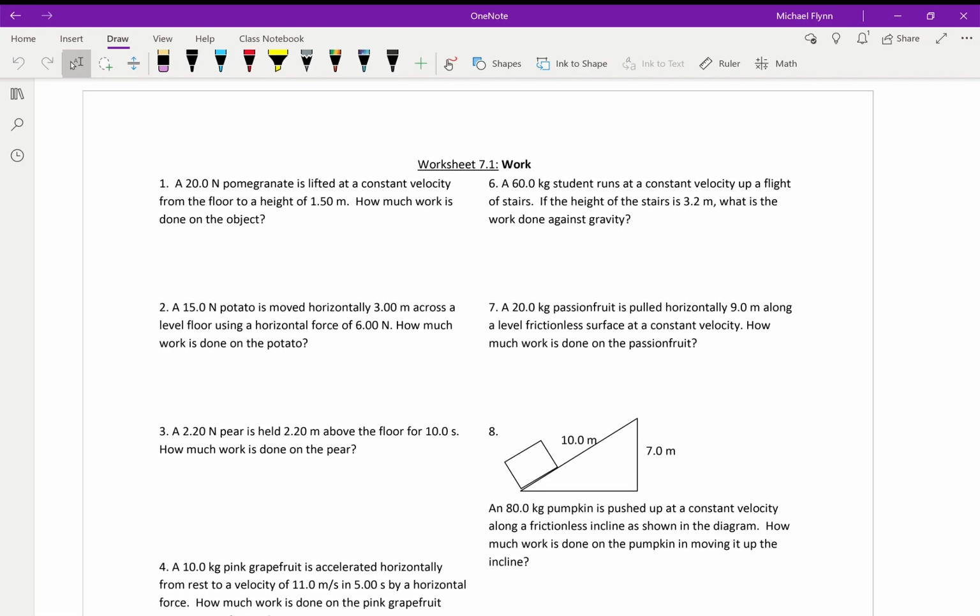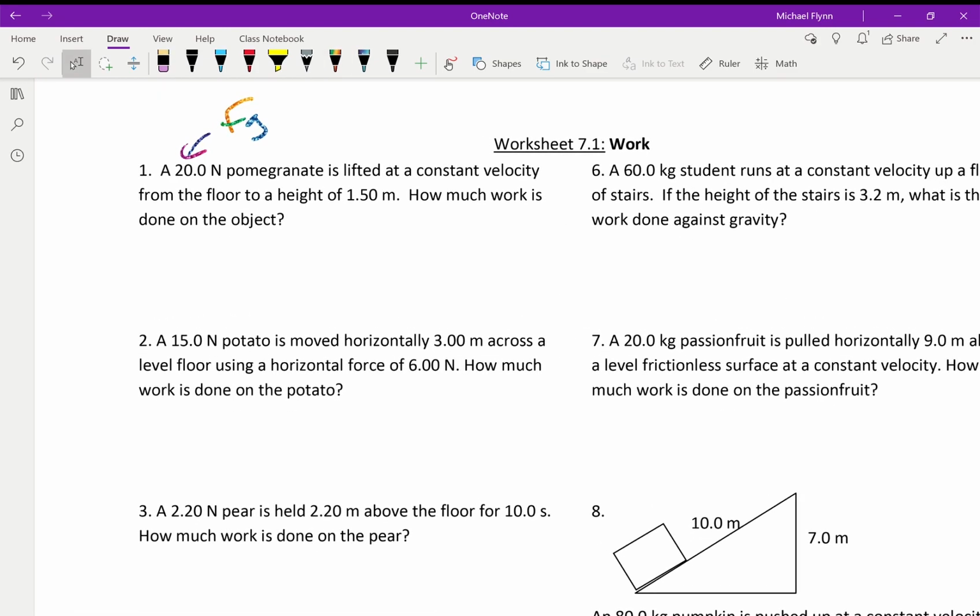And the worksheet is very straightforward. A 20 Newton pomegranate is lifted at a constant velocity. So this is your force of gravity. 20 Newtons is a massive one, that's like the same as 20 apples. It's lifted at a constant velocity from the floor to a height of 1.5 meters. I guess somebody dropped it, right? How much work is done on the object?